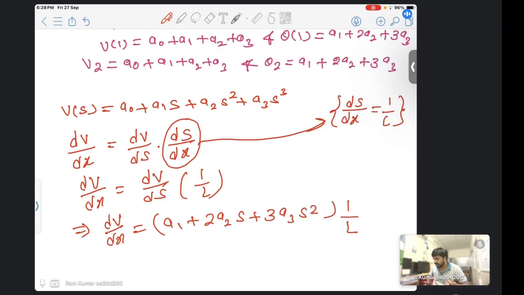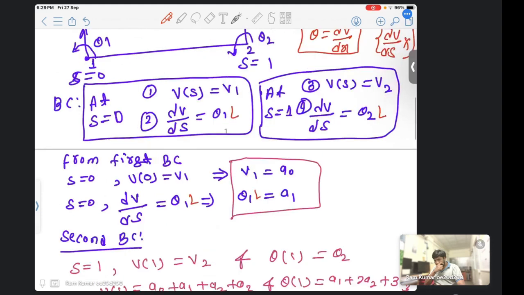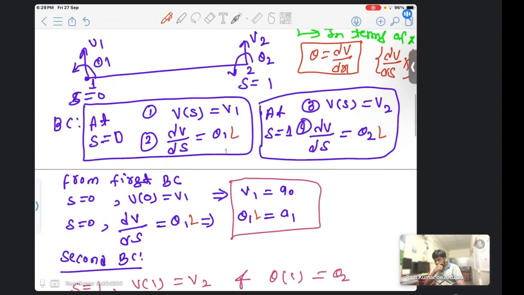I got somewhere confused. Can you help me? Where did I go wrong? This is correct. These are correct only.